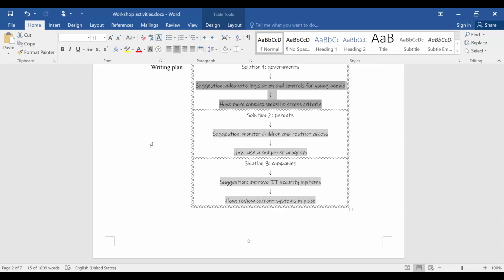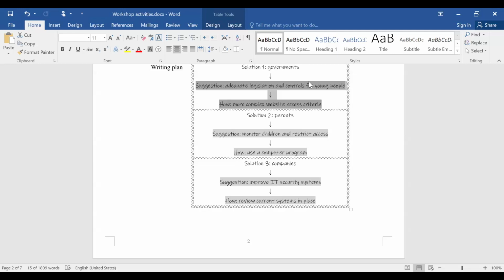Okay, governments could introduce adequate legislation and controls specifically designed for young people, implementing more complex website access criteria to ensure their safety online. Okay, this is a good sentence.